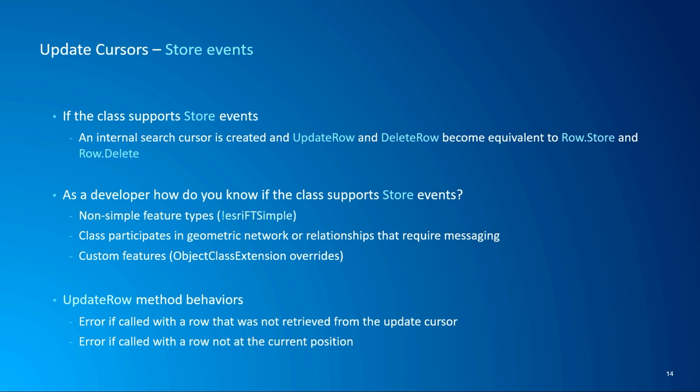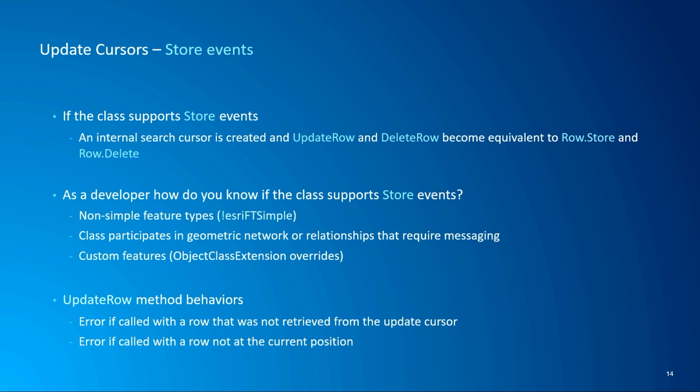How do you know if the class that you're working with needs to support store events? If it's non-simple, okay, the class is participating in a geometric network, or relationships if you've enabled relationships or enabled messaging on the relationships. Also, if you've implemented a custom feature.